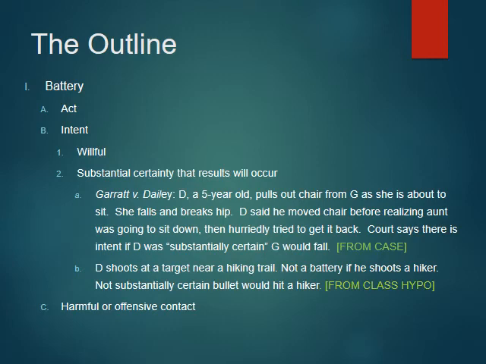The other thing I want to point out to you that will really serve you well when you are making an outline: you see after 1B, 2A, and B that there are green brackets there and it says where the information was obtained. Of course, from a case is fine. The other is from an in-class hypo.